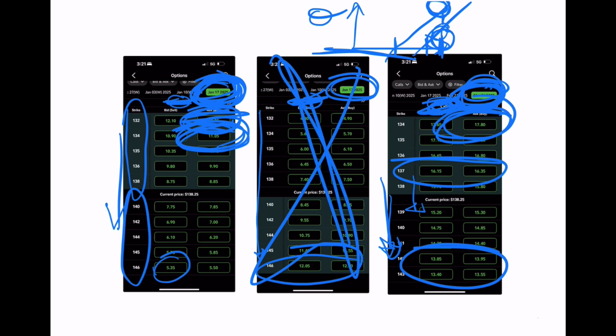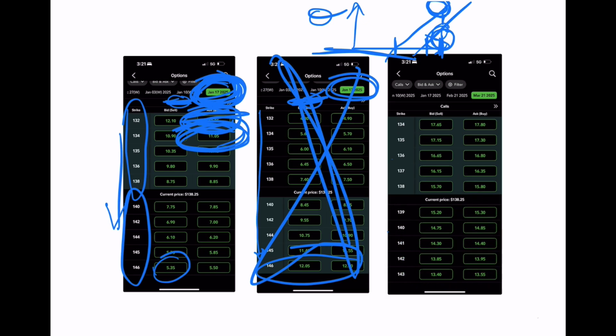All right? So what you can see is that when you're very far from your stock price, here the difference, all right, this one is pretty liquid because it's NVIDIA, so honestly it's fine. Here you see that the difference between the bid and the ask is 0.15.